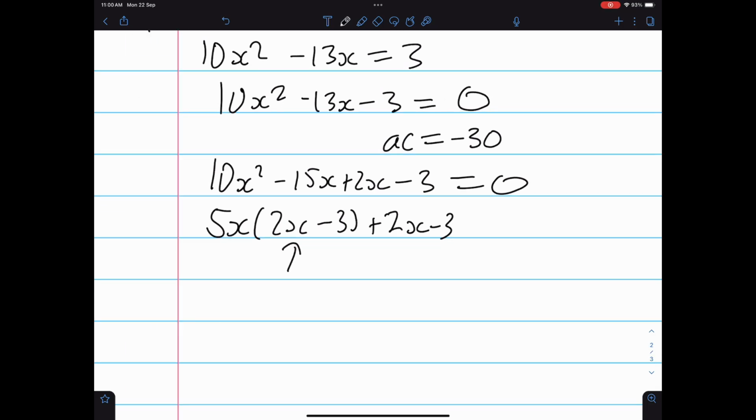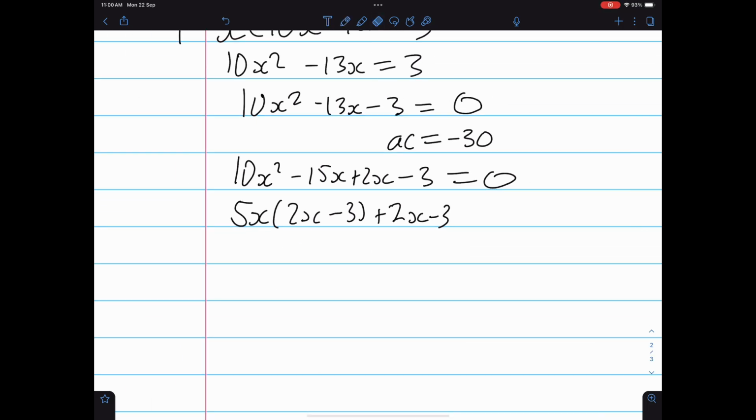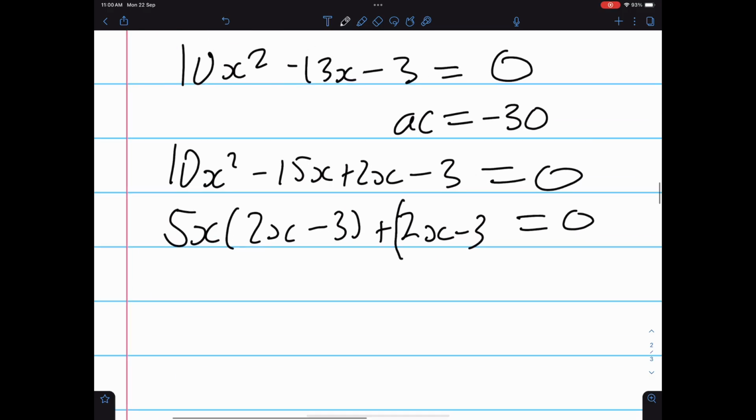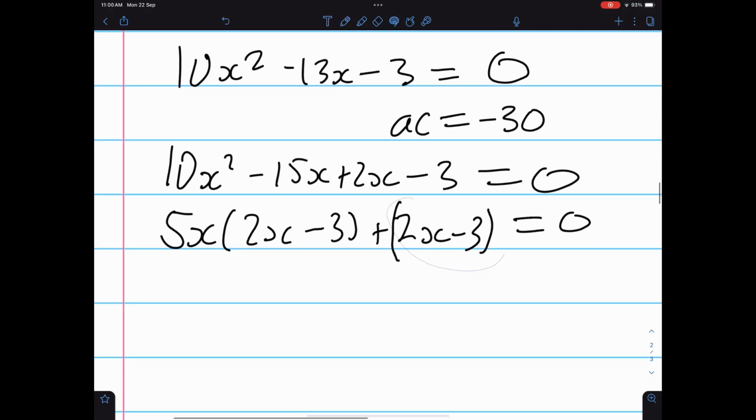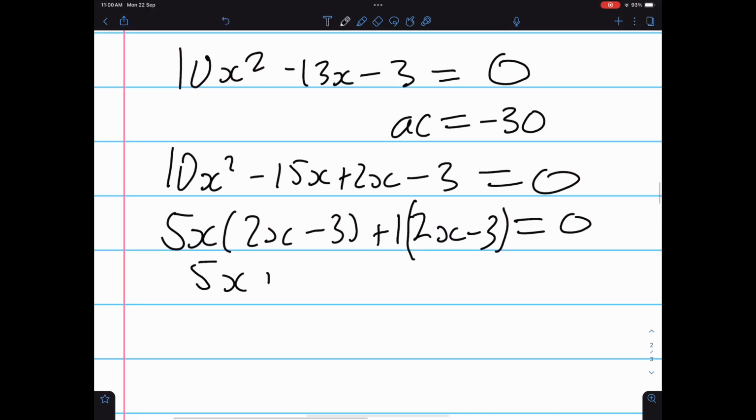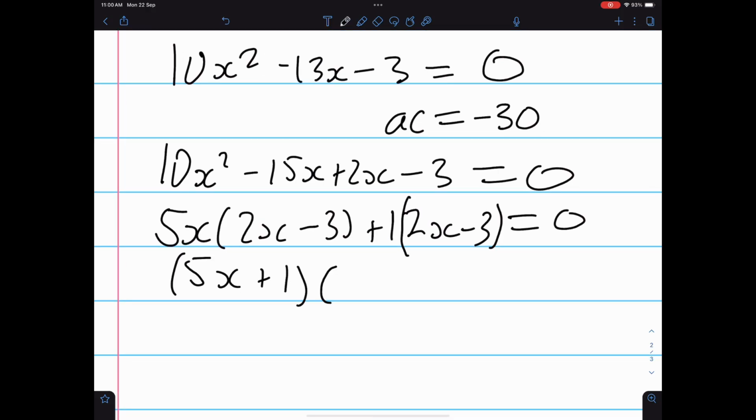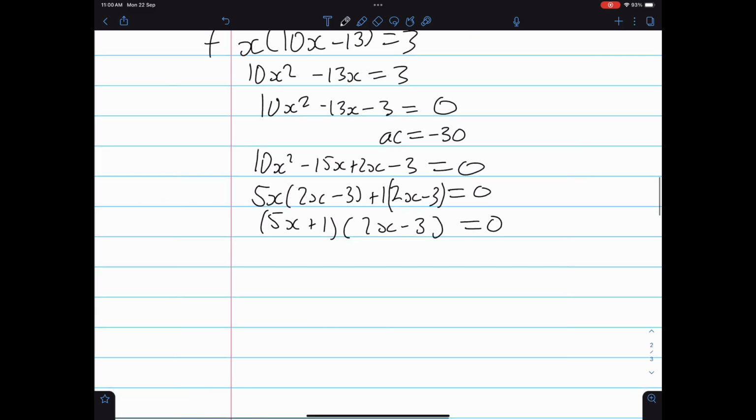And that means you need to think about how we can factorise this next part. You can think of it as this being one lot of it. So this is why we do 5x plus 1. 2x minus 3 equals 0. And you know the drill.